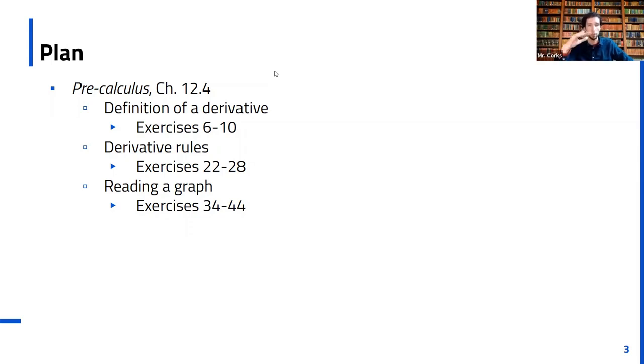So some practice with the long version of finding derivatives using the definition of a derivative, then the shortcut fast way using the derivative rules, and then reading a graph and seeing what the slope would be at any given point of a graph. We've done a whole bunch of talking about that from last week, but let's see if we can do that this week as well.